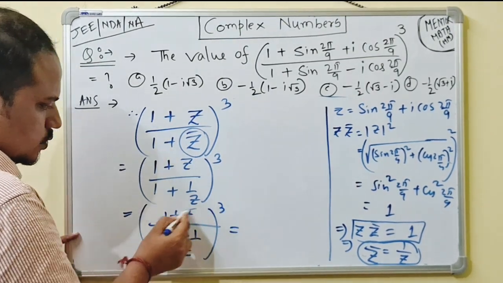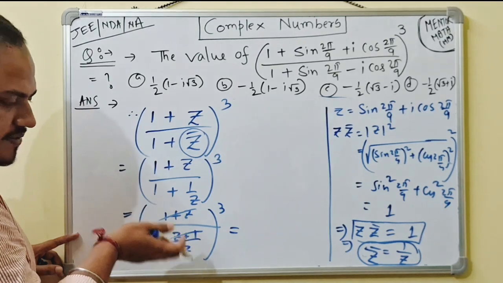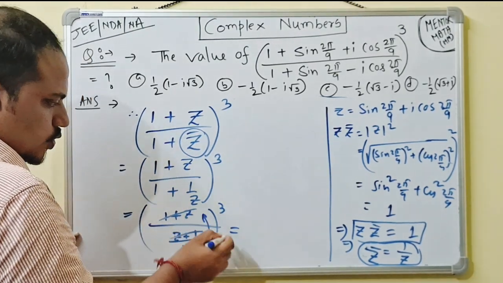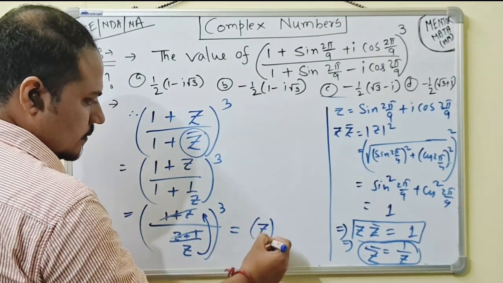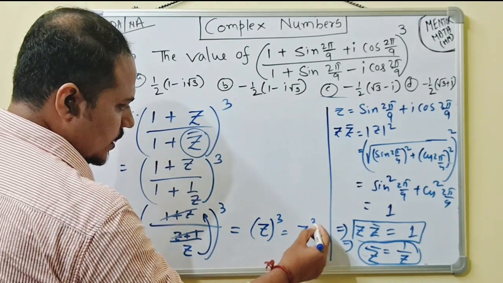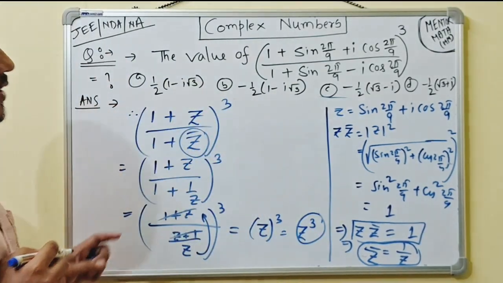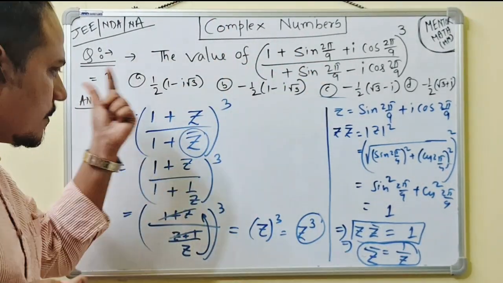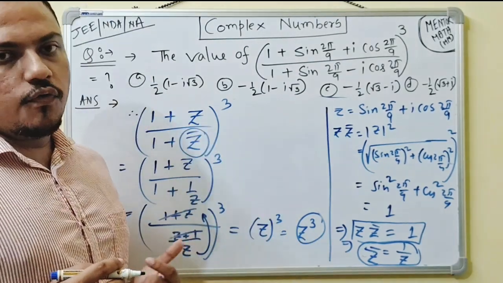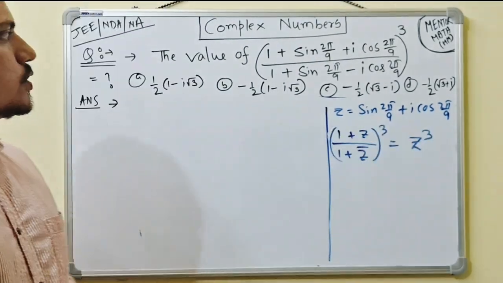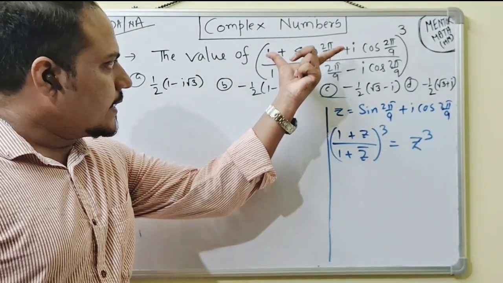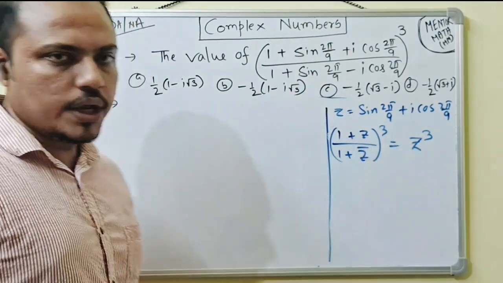So this 1 + z and z + 1 are both the same and cancel, and this z comes to your numerator, so you get z cube. Okay, so now this expression becomes your z cube form. So now you can see that this expression becomes your z cube.